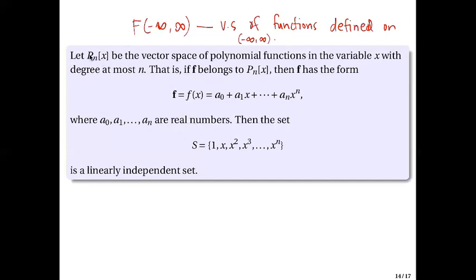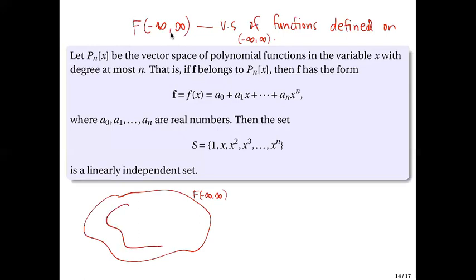Polynomial functions are inside this space. So say this is the vector space here, your polynomial function space is somewhere here. So this is possibly your Pn.